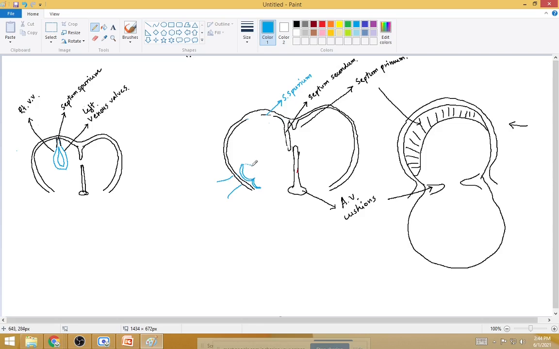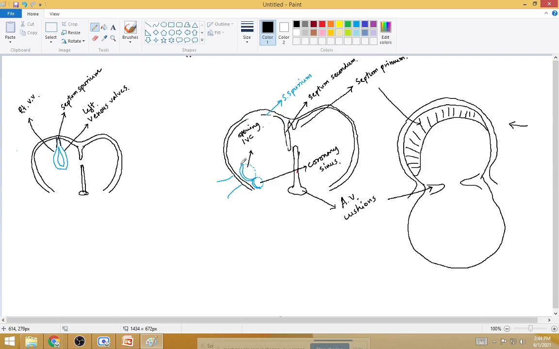So the inferior vena cava is opening somewhere here, the coronary sinus is opening somewhere here. So what is this? I'll write. This is the coronary sinus, a vein which is draining the heart. What is this? This is the opening of the inferior vena cava.